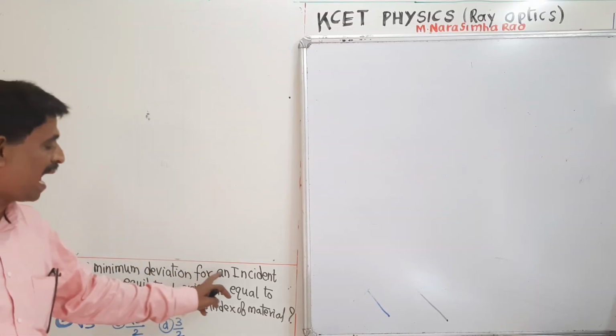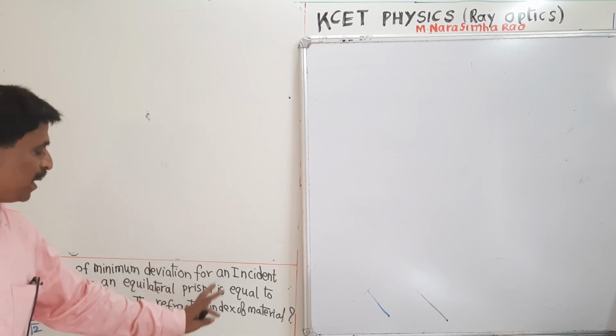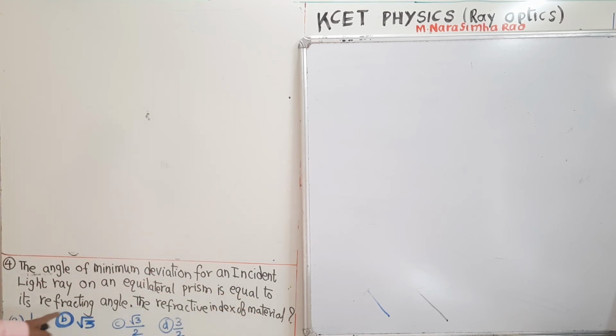Deviation for an incident light ray on an equilateral prism is equal to its refracting angle.